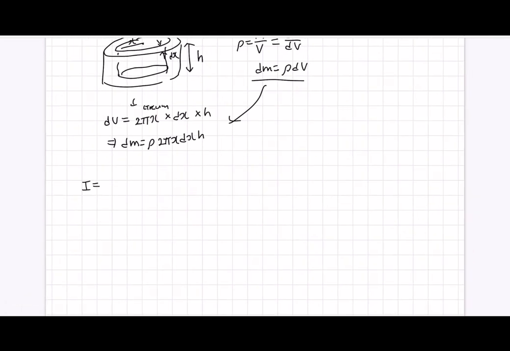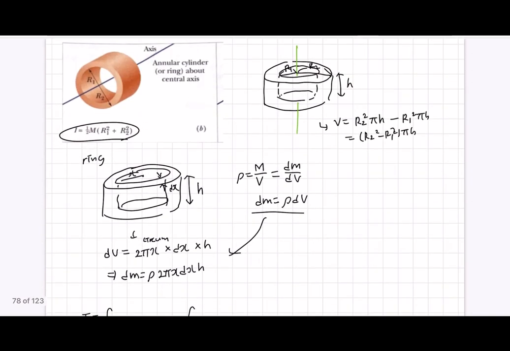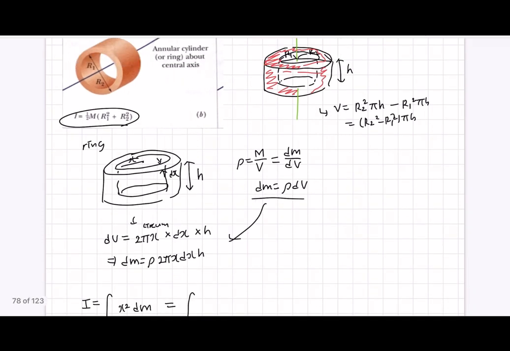Now let's get the moment of inertia. For the moment of inertia, you would have the integral of x squared dm, right? And in this case, you're going to integrate from r1, from here to here, because this is the actual solid that is left, right? You don't have the inner side. So you're going to integrate from r1 to r2.